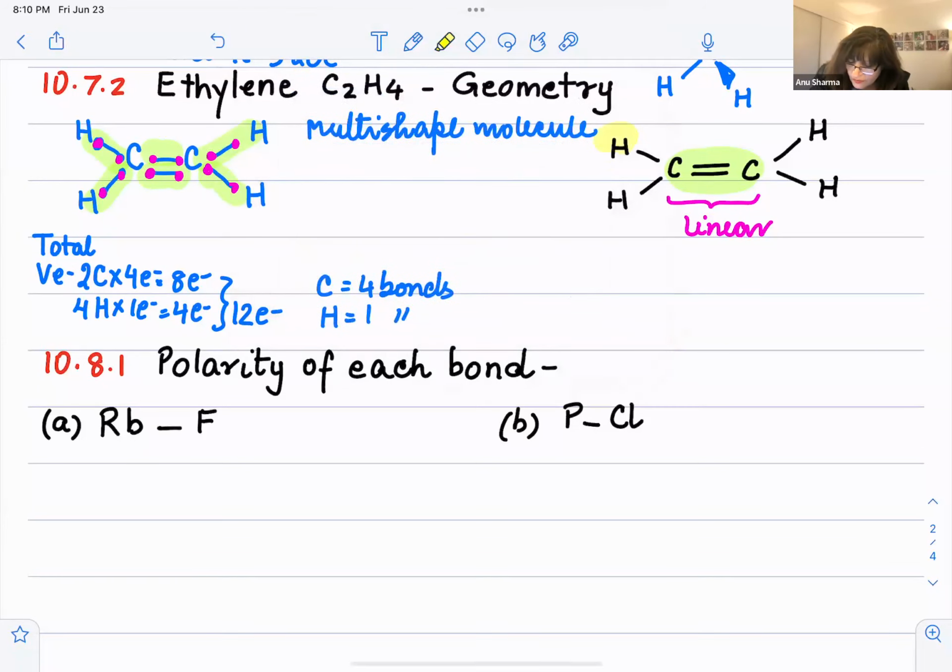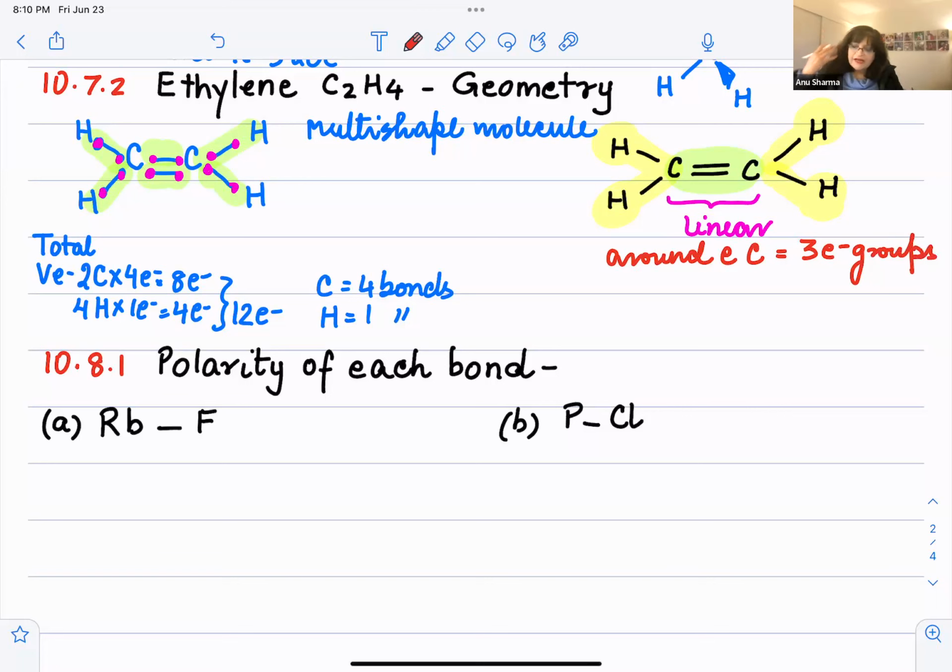So this is linear. Now, this side is different, the other side. So this side is 1 electron cloud, another electron cloud, and then the double bonded carbon and carbon. Same thing, one side, another side. So it's 3 electron clouds, basically. So around each carbon, there are 3 electron groups, or electron clouds. So what does that mean? That means AX3.